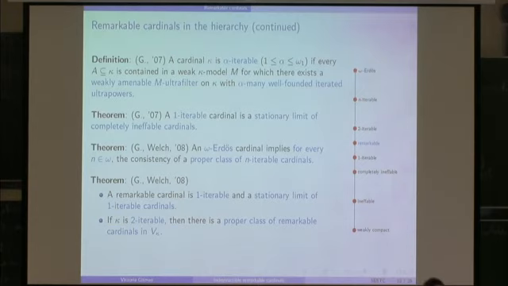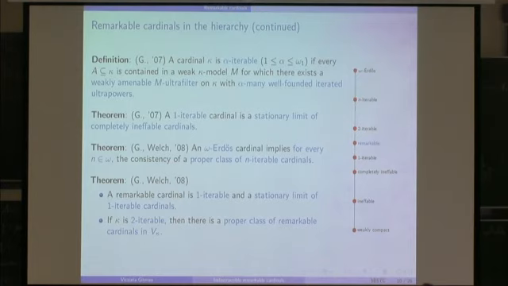It turns out that the alpha-iterable hierarchy and the alpha Erdos hierarchy are completely intertwined. And an omega Erdos cardinal implies the consistency of a proper class of n-iterables for every natural number n. So it's much stronger than an n-iterable for a natural number n.